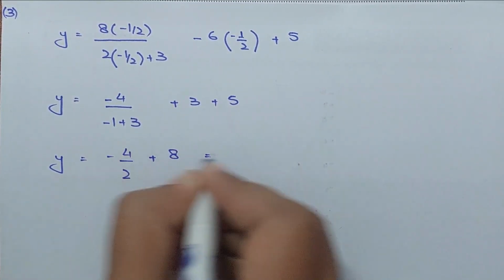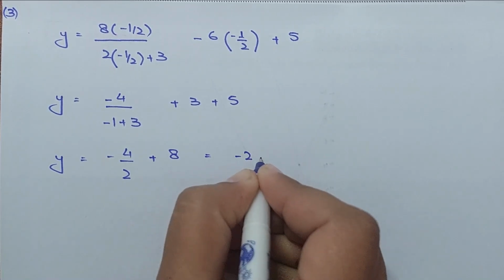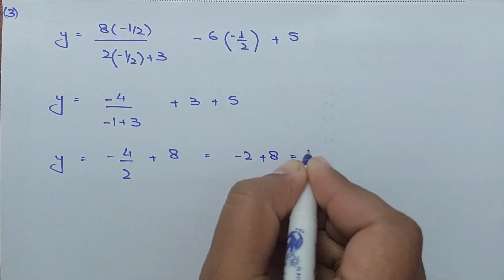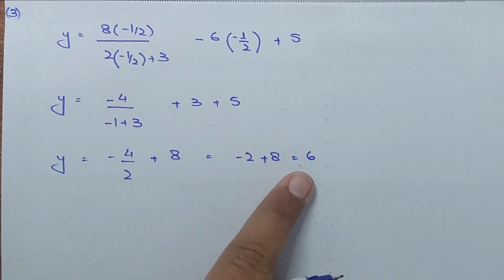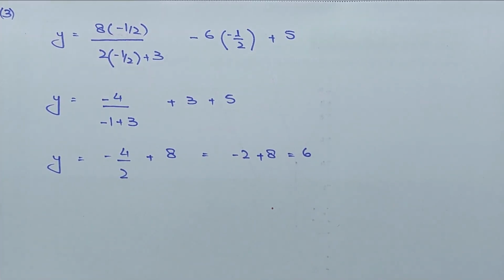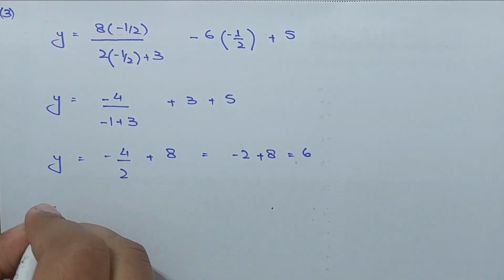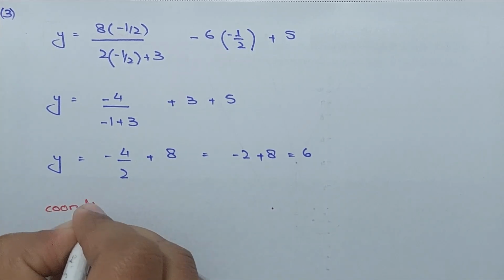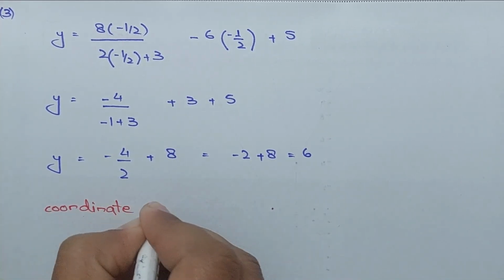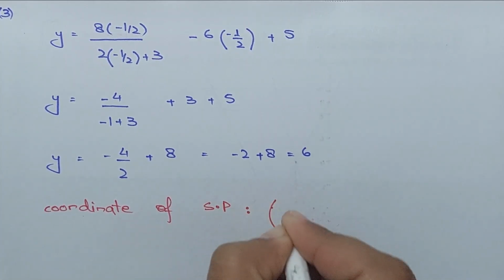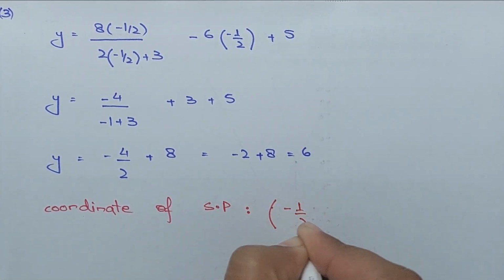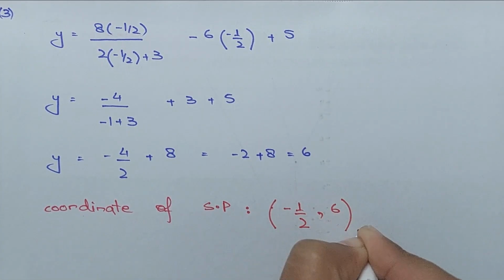And this is 2 times 2 plus 8, that is equal to 6. When the x value is minus 1 by 2, the y is 6. This is the first coordinate of the stationary point. When x is minus 1 by 2, the y coordinate is 6, right?